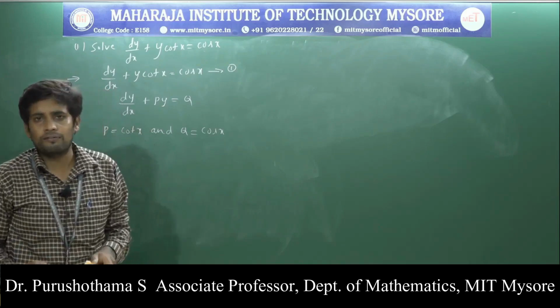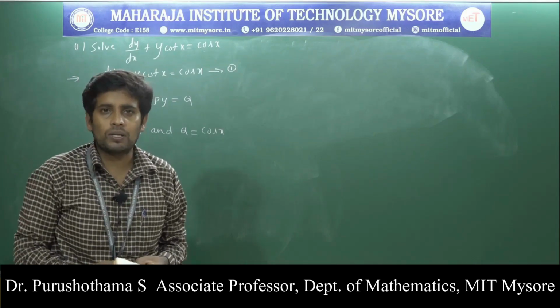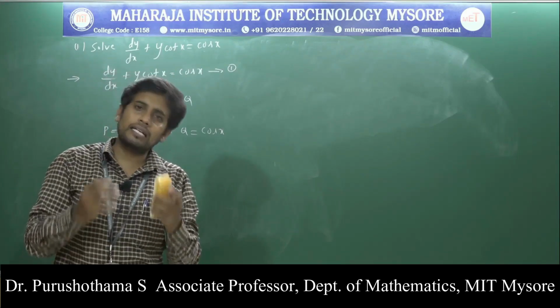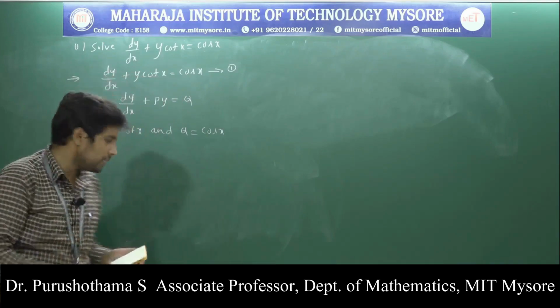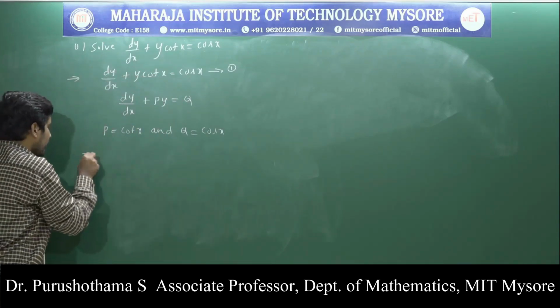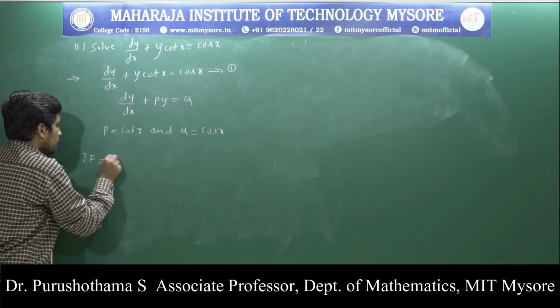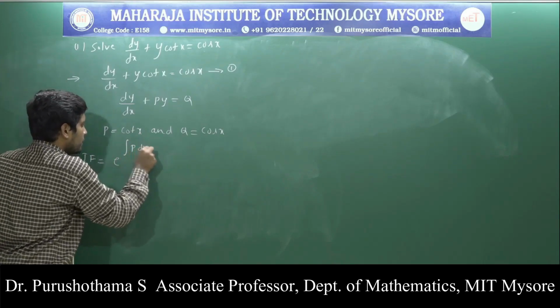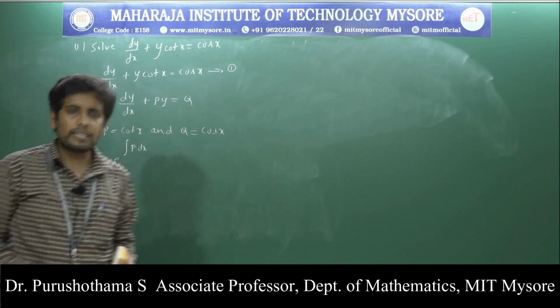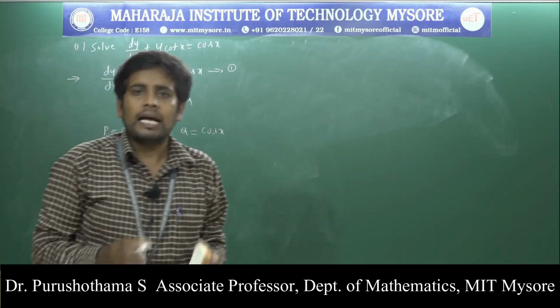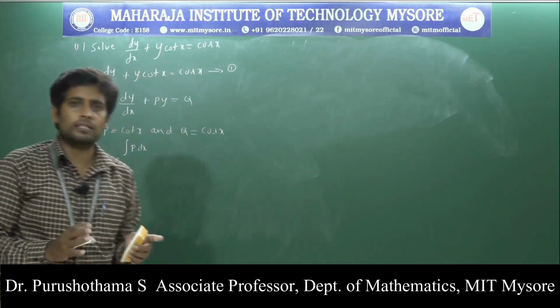Before writing the solution of the linear equation, first find the integrating factor. So the integrating factor for this linear equation is e power integral of p dx. So e power integral of p dx is the integrating factor for the linear equation.